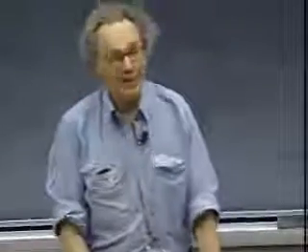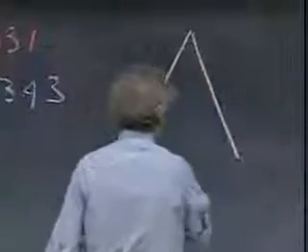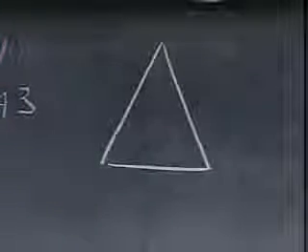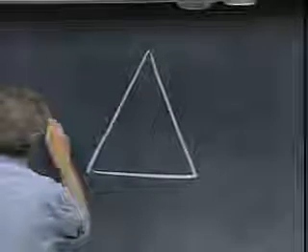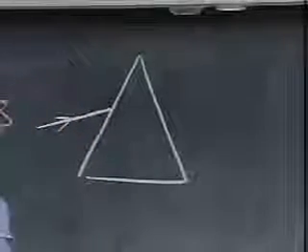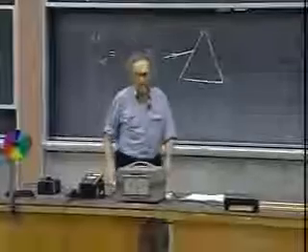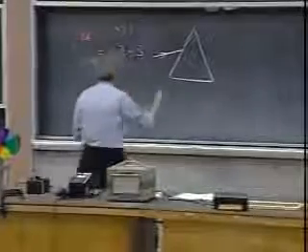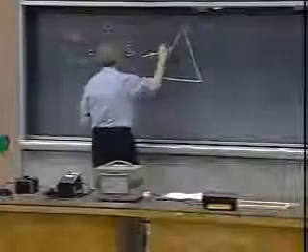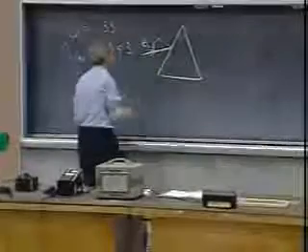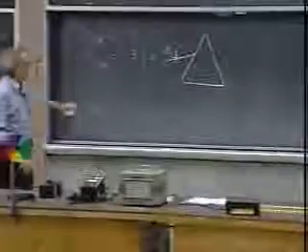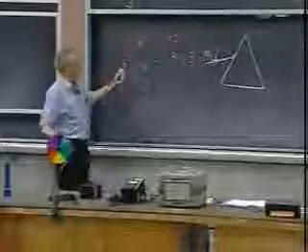But glass and water are dispersive for light, and it's very noticeable. If I take a piece of glass and give it the shape of a prism, and shine some light on here, light from these light bulbs, or light from the sun for that matter, then I can apply Snell's law here. I know the angle of incidence, theta 1. I know the index of refraction. This is for water, but you can look them up for glass, of course.